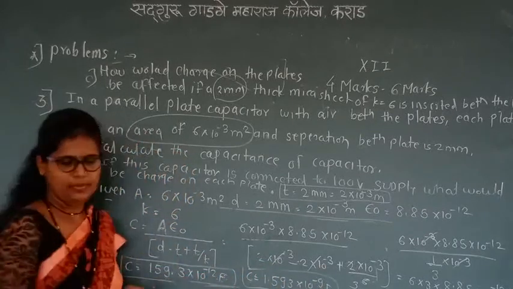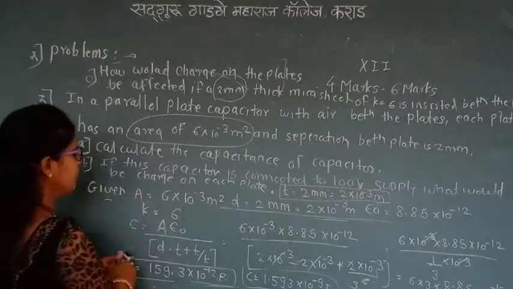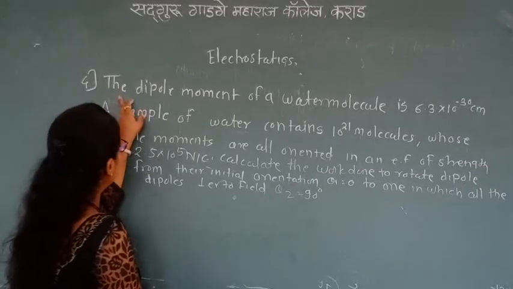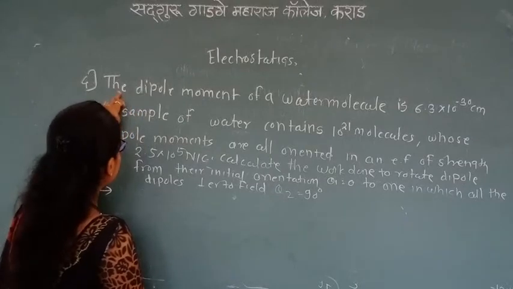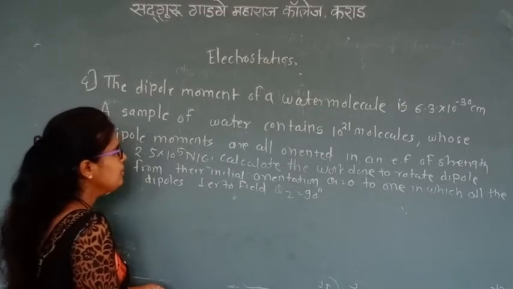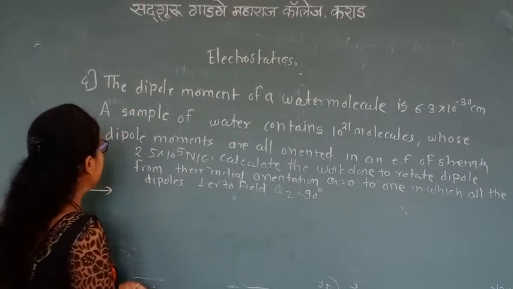Now the next example. First of all, read this example. The dipole moment of a water molecule is 6.3 into 10 raised to minus 30 coulomb-meter.